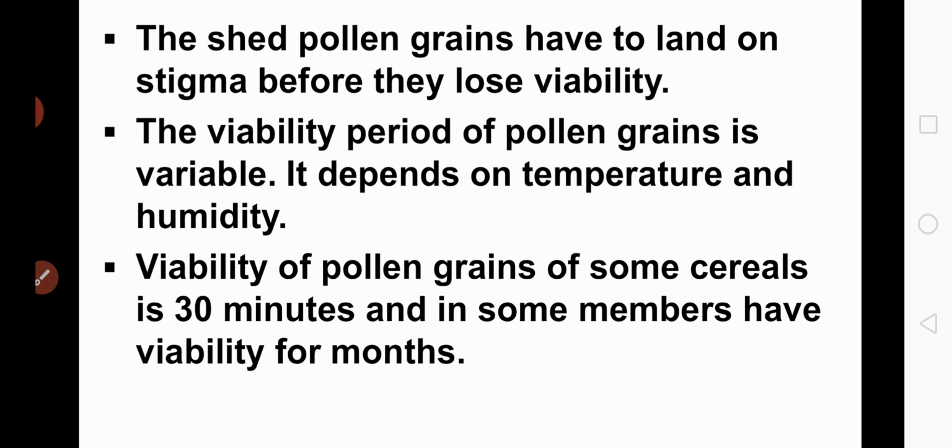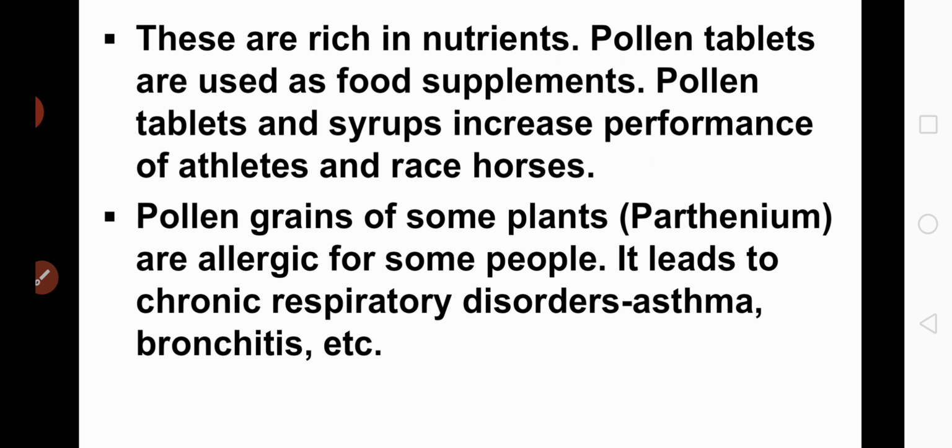The shed pollen grains have to land on the stigma before they lose viability. The viability period of the pollen grains is variable, which depends on the temperature and humidity. Viability of pollen grains of some cereals is 30 minutes, and some members have viability for months.